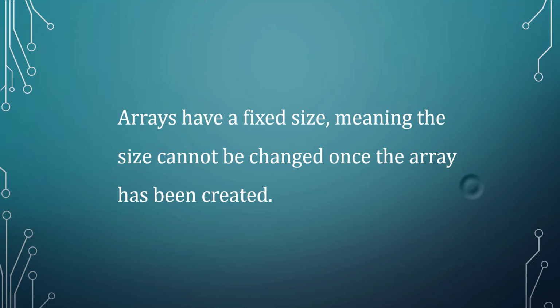Next, arrays have fixed size, meaning the size cannot be changed once the array has been created. Say that you have created an array, then at a later point of time dynamically at runtime you cannot change the size of the array, so it is always fixed.